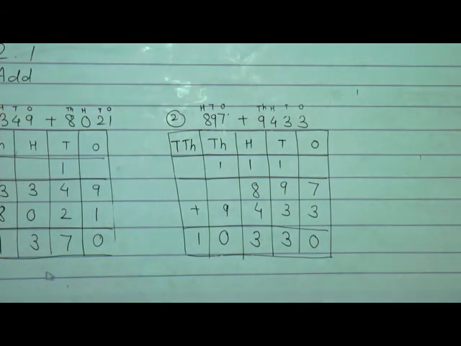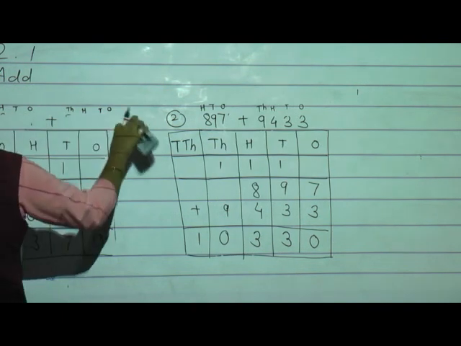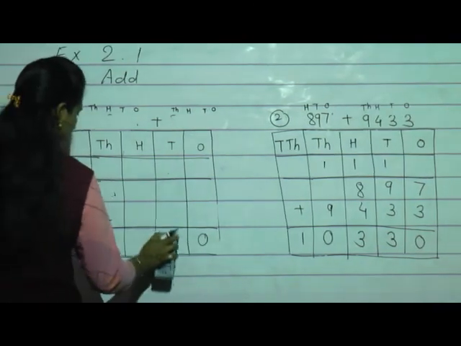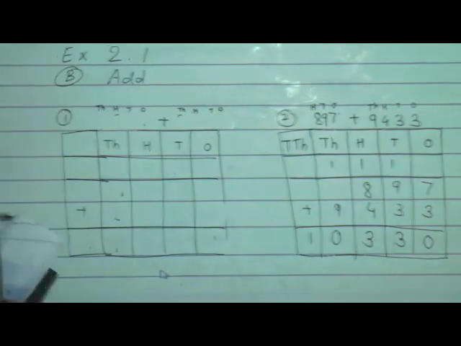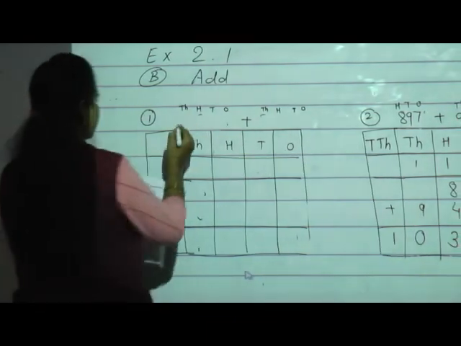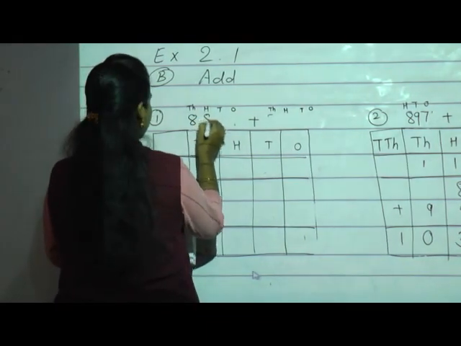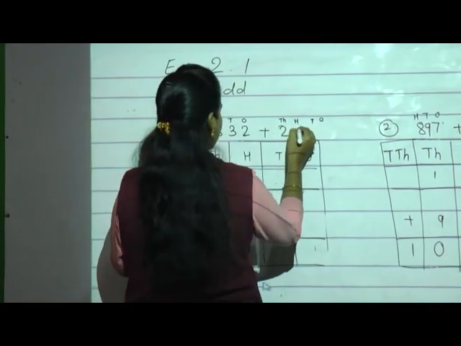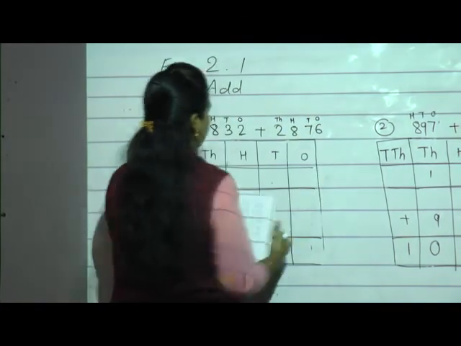Got it? Now I will solve one more question for you. Now we will solve the 7th question. The question is 8,832 and 2,876.